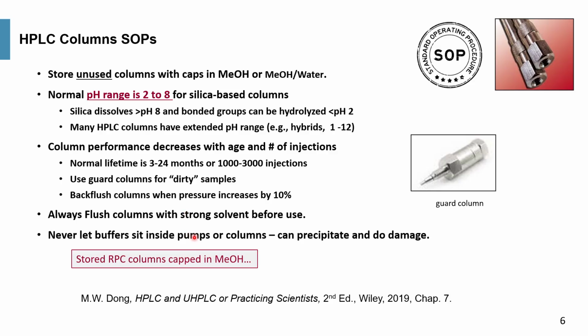Always flush the column with strong solvent before use to prevent late eluters coming out from the column. Don't let buffer sit inside a pump or a column because it can precipitate out and do damage. So you should rinse it out typically with 10% methanol and water.